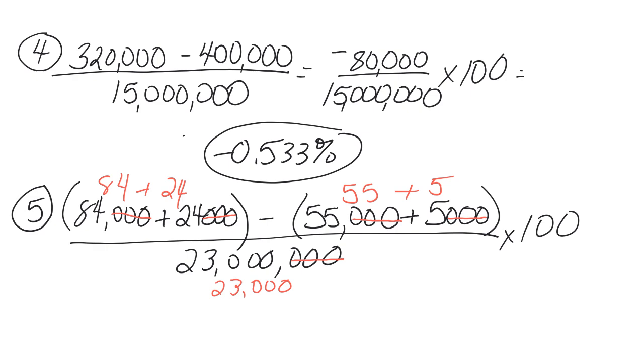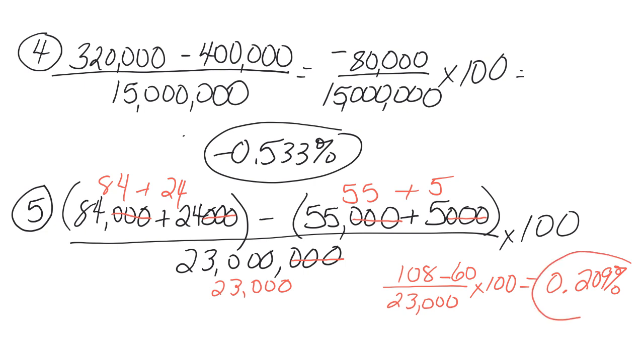And that's just to double check that you solved it correctly. So we get 108 minus 60 divided by 23,000. And that's going to give us, when we round, 0.209% for that answer.